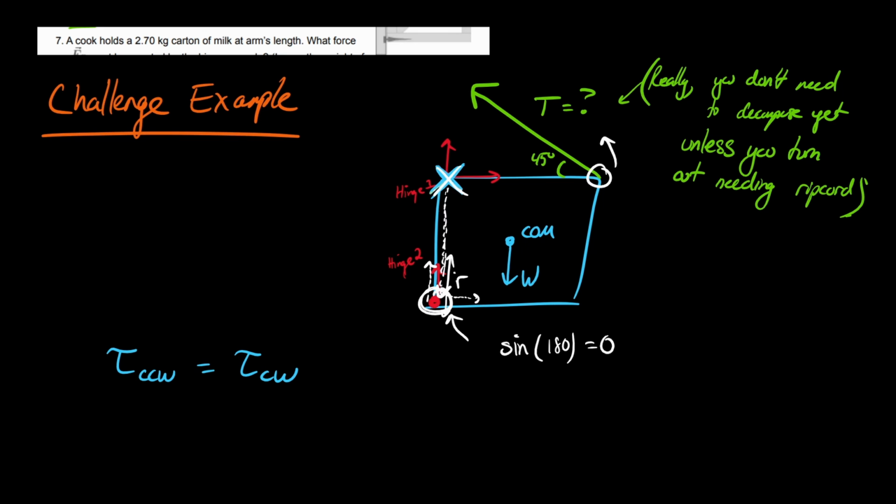So the torque equation automatically encodes this fact that since these arrows are not perpendicular, we need to use times sine theta, and it turns out the torque due to that force is 0. So we actually don't even need to consider this guy for our torque equation. So we only have this force going counterclockwise and this weight force going clockwise.